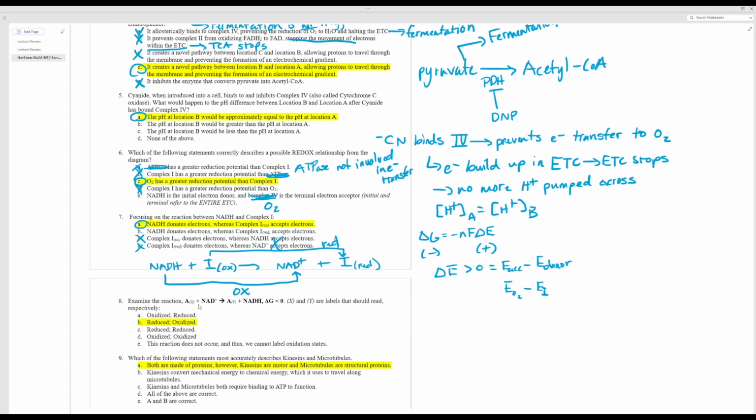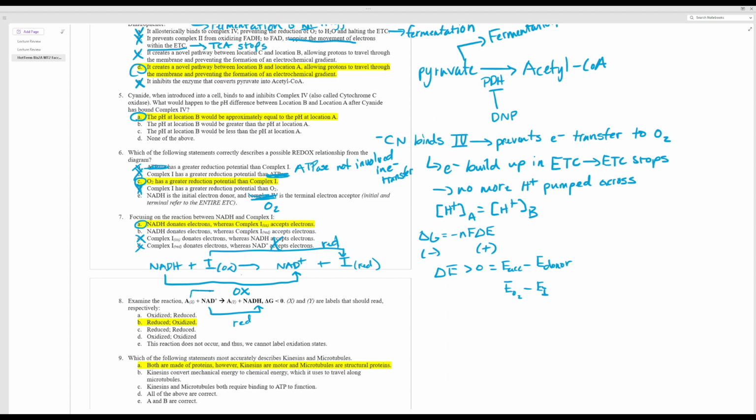Examine the reaction: AX plus NAD plus goes to AY plus NADH. Delta G is less than 0. X and Y are labels that should read, respectively, what? This is very similar to the previous question, except I'm asking what should go here. NAD plus is going to NADH, so the reaction does occur, and this is a reduction half reaction.